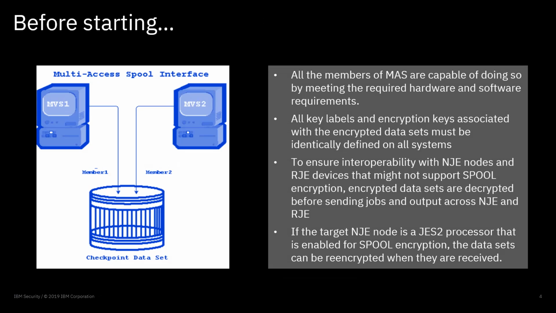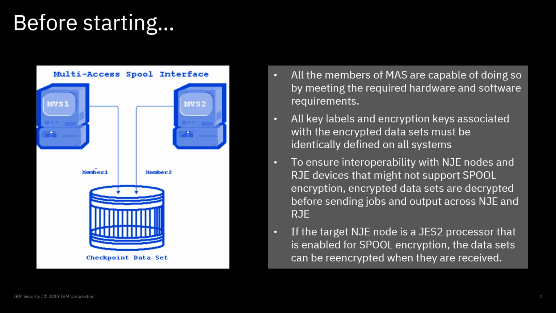In addition, all key labels and encryption keys that are associated with the encrypted datasets must be defined identically on all systems. Regarding NJE nodes and RJE devices that might not support spool encryption, encrypted datasets are decrypted before sending jobs and output across NJE and RJE lines.